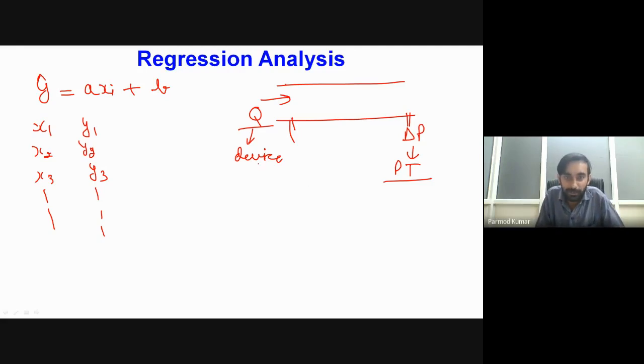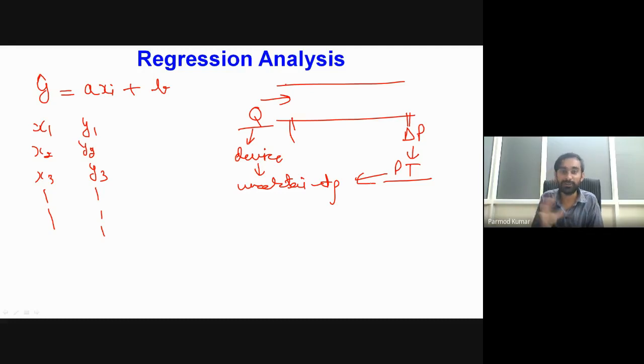Obviously the flow rate measurement has a certain uncertainty of the device, and similarly pressure also has a certain uncertainty. We have to consider the variable on which we base the regression as the one having the least uncertainty.